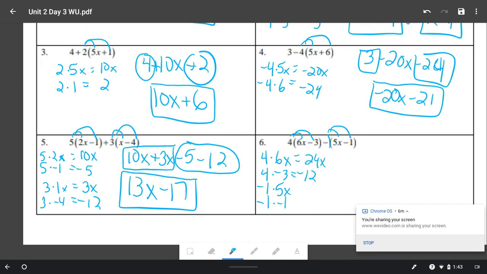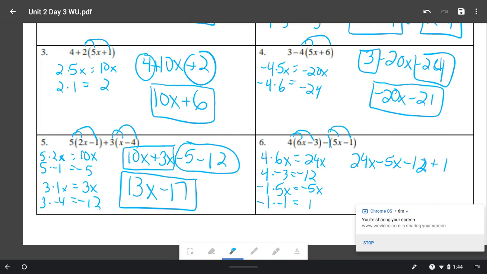We get negative 12. We get negative 5x. And we get positive 1, a negative times a negative. If we write that in order, where our variables are first and our constants are last, we would get 24x minus 5x, negative 12 plus 1.